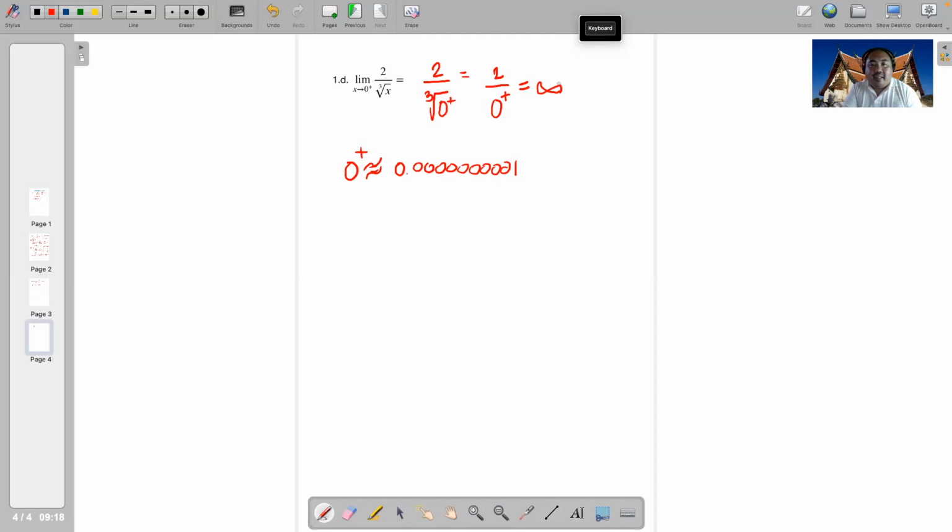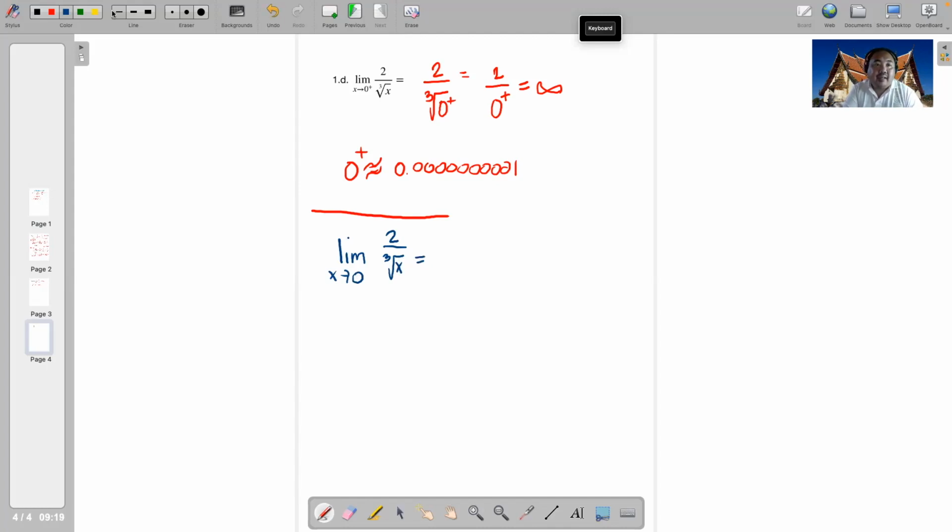Now, if I ask additionally, okay, so hindi na to part ng exercise, but what if I ask, so what is the limit of 2 over cube root x as x approaches 0? Okay, not left, not right, just 0.